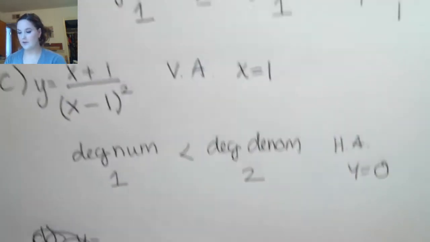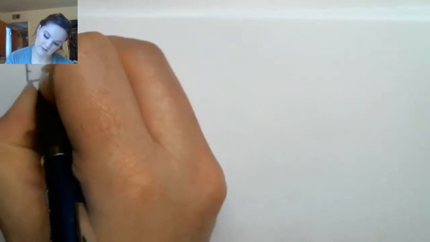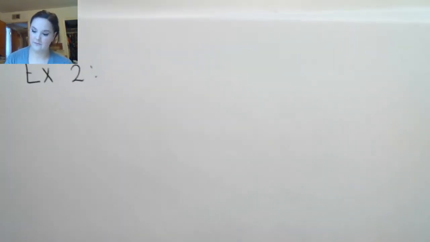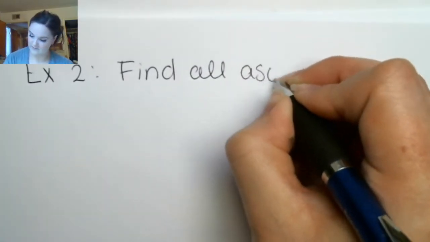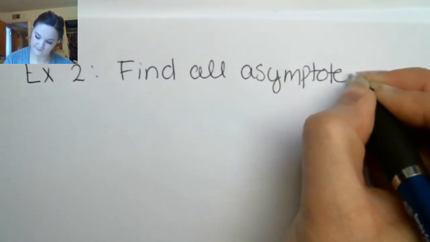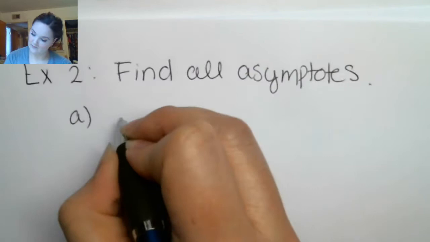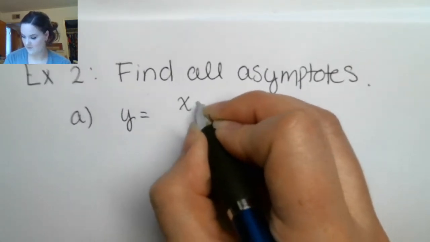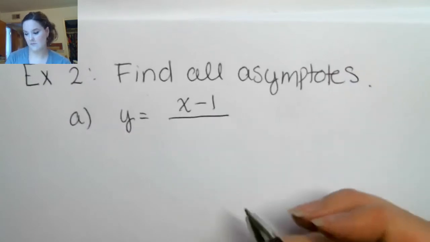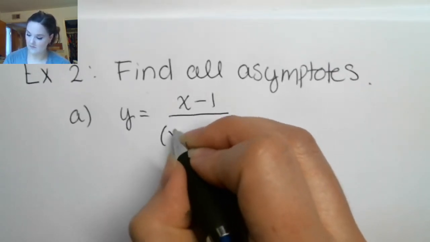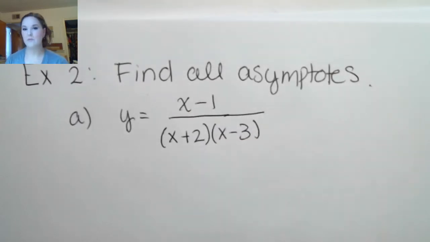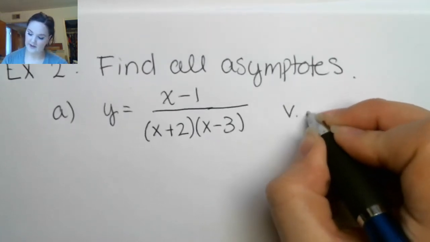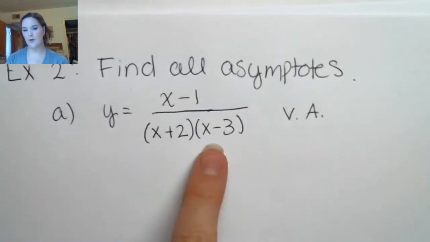All right. So let's do another example where we look at some slant asymptotes. Okay, so the first thing we would say is that we have two vertical asymptotes, one from each of these roots.